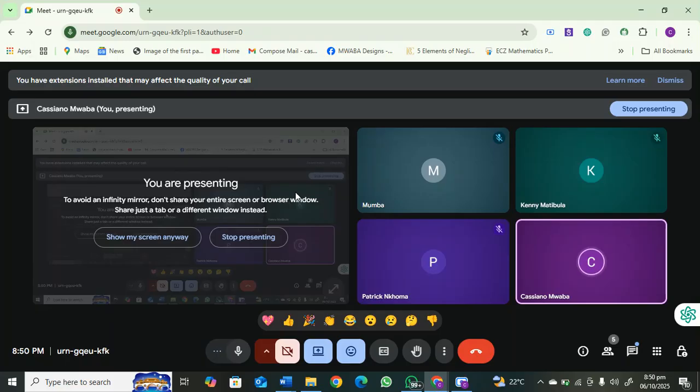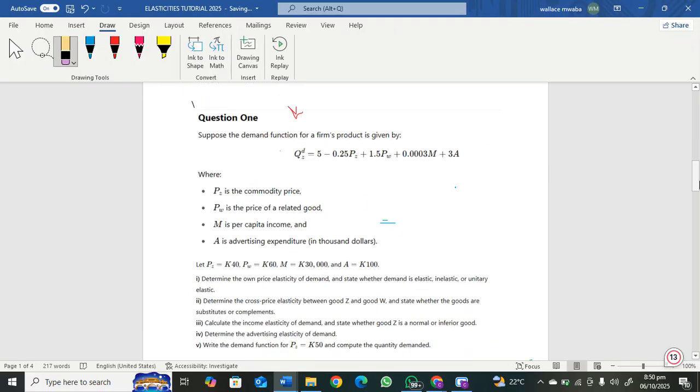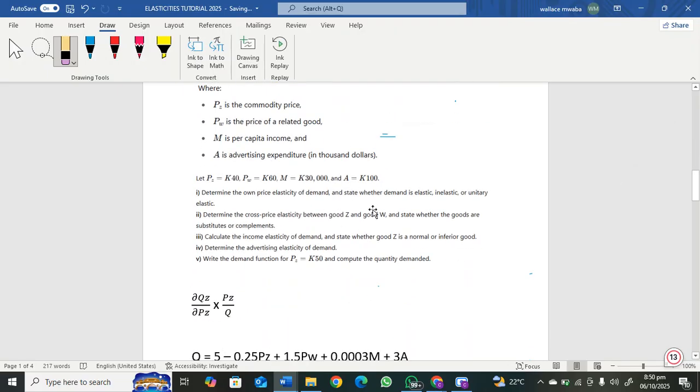Quantity demanded and price, the percent changes are the same. But theoretically, it's very hard to find goods that are unit elastic. Any questions before we now move to the cross price elasticity of demand?